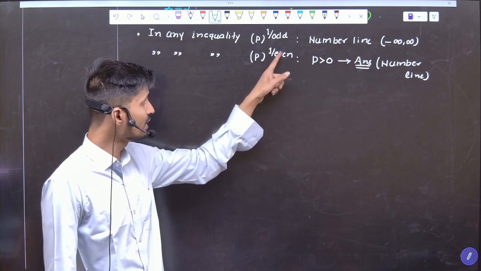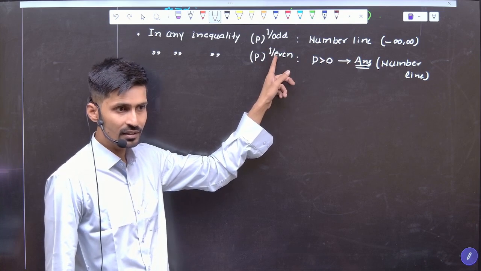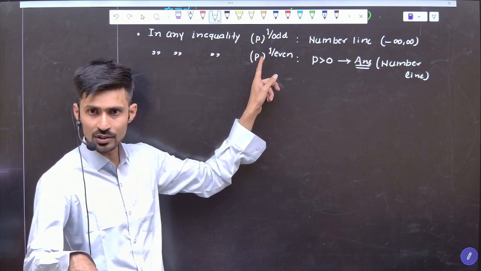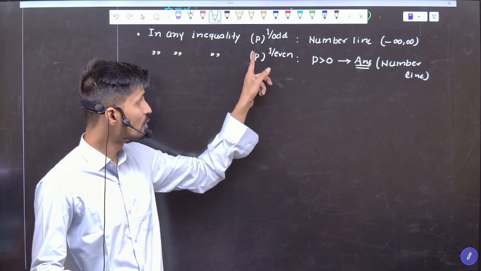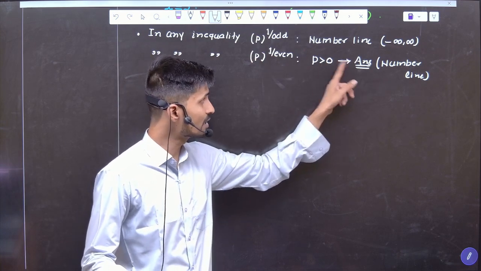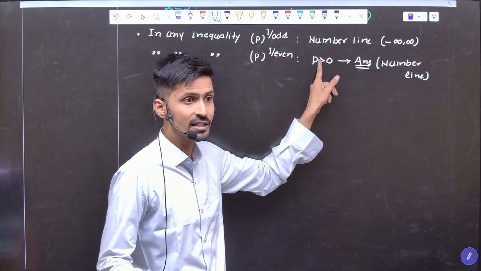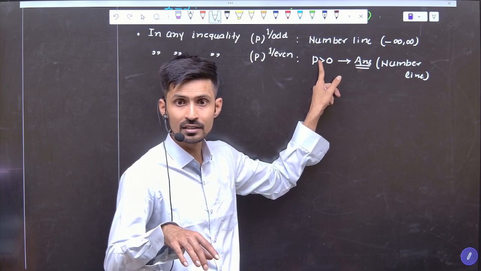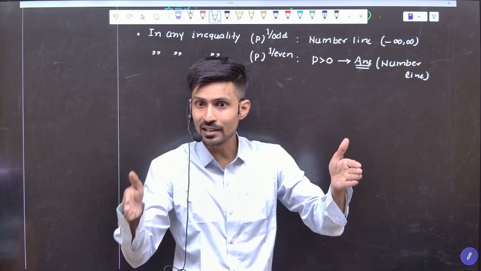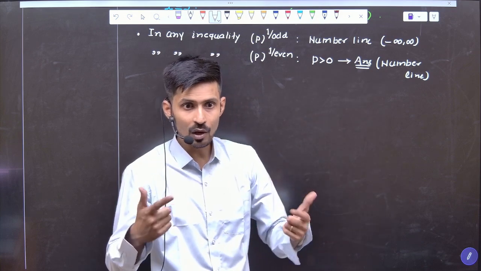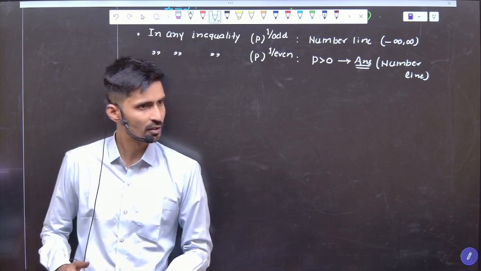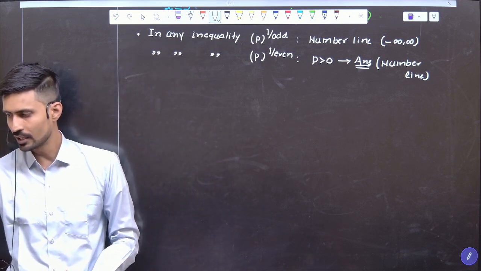But if the denominator is even, then before solving the question, you will first solve p greater than 0. You will get some answer from here. Suppose the answer you get is 1 to infinity. So you will draw the number line 1 to infinity, not minus infinity to infinity. Now I am going to introduce you to the questions. Okay?